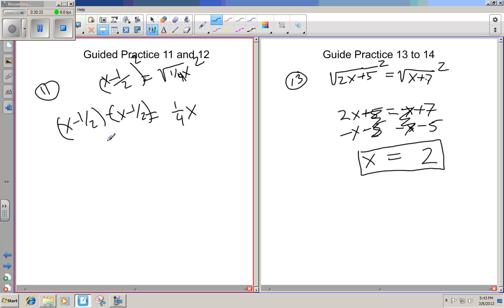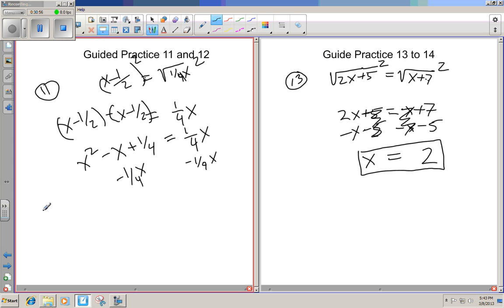So when we multiply this out, it becomes x squared minus x plus 1/4 equals 1/4 x. Let's subtract 1/4 x.